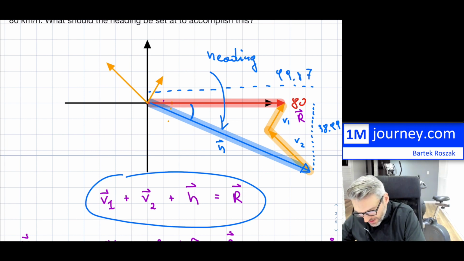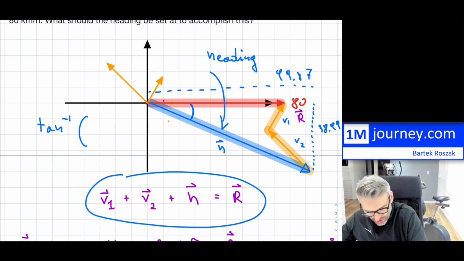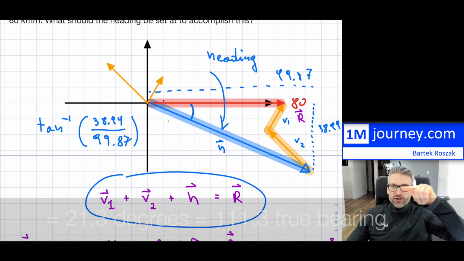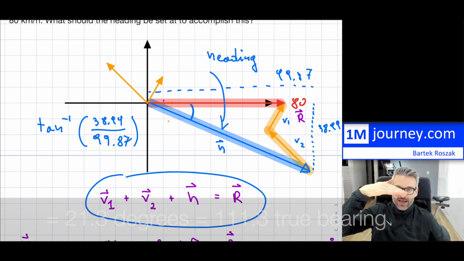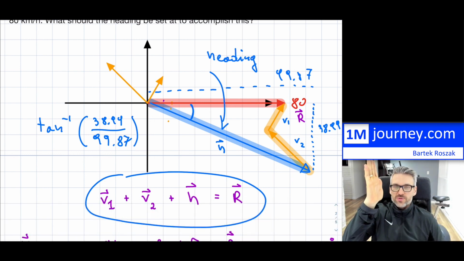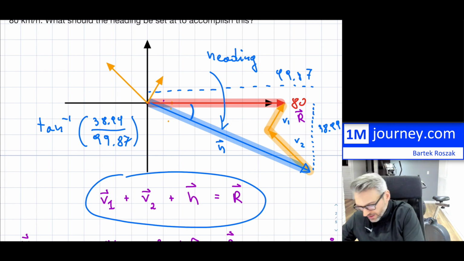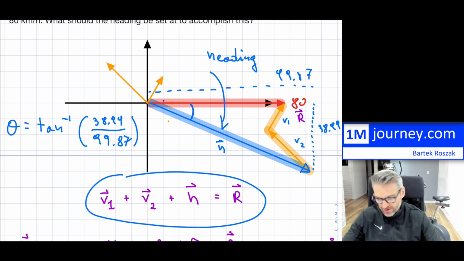So now you can find out the angle, which would have been tan inverse of your opposite, 38.99, over your adjacent, which is 99.87. But that is, of course, the angle towards the horizontal, right? So from the east down. And if you want it in terms of the true bearing, you would say 90 degrees plus that angle. So that would have been your angle there.